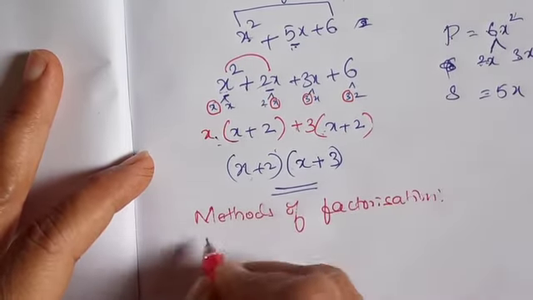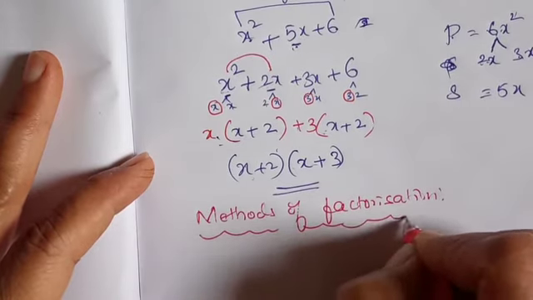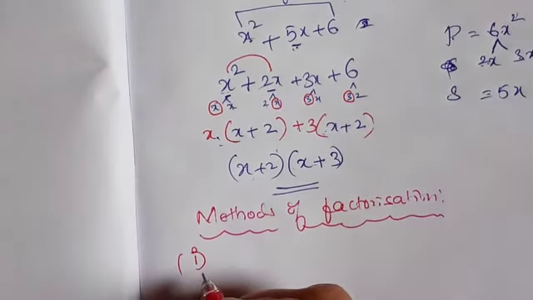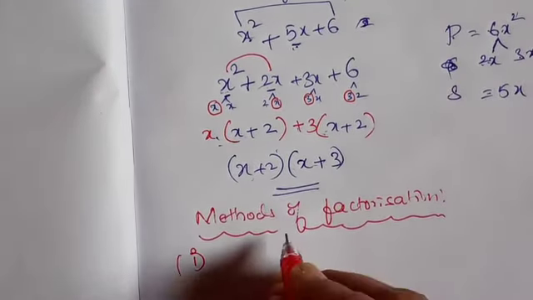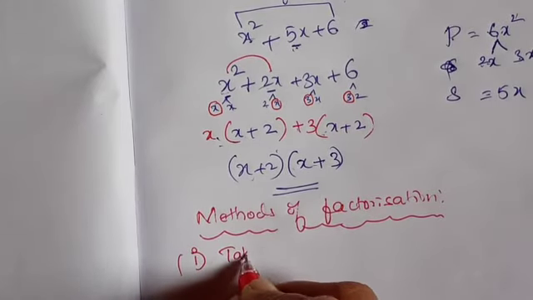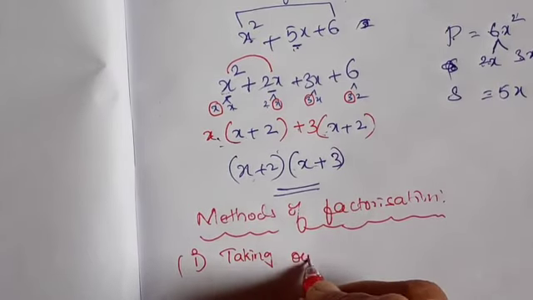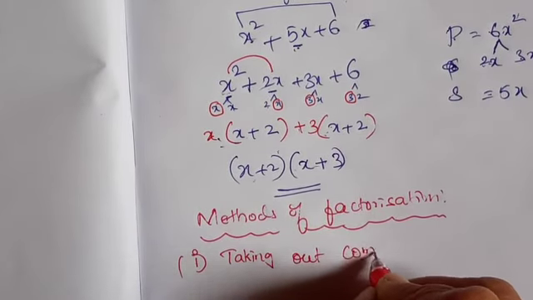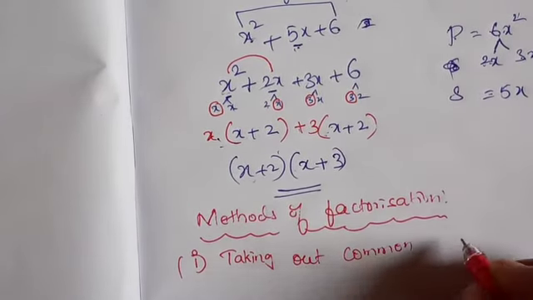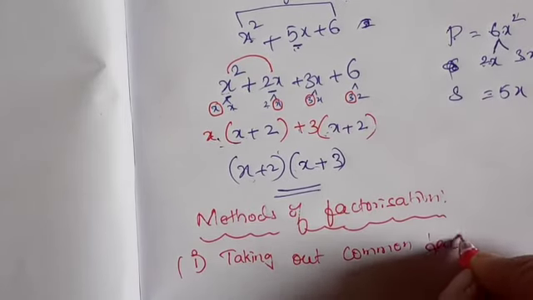Okay, children, methods of factorization. In this, one is taking out common. I will explain. This is only taking out common factors.